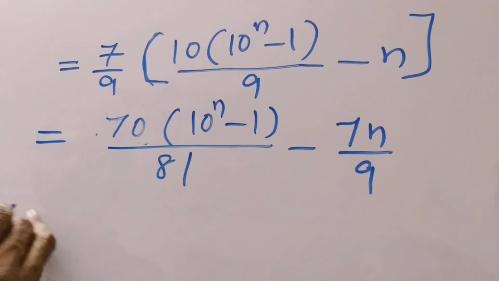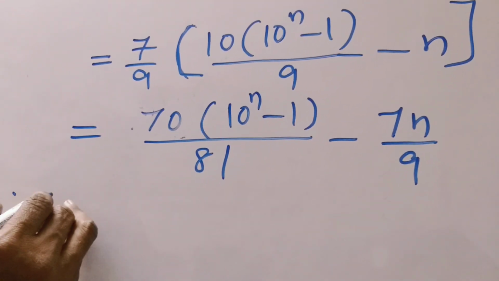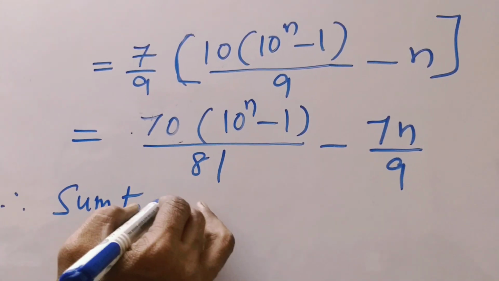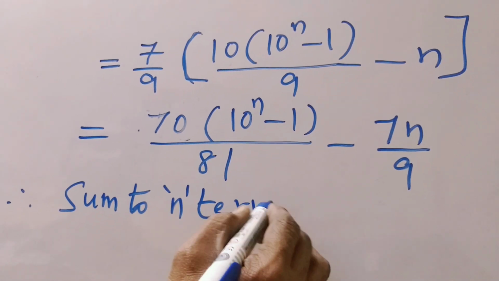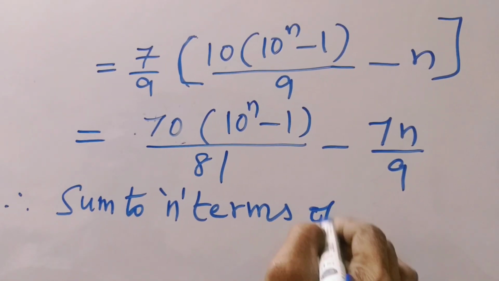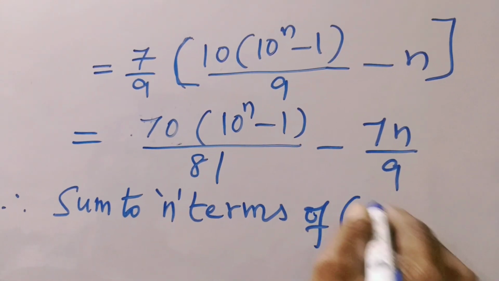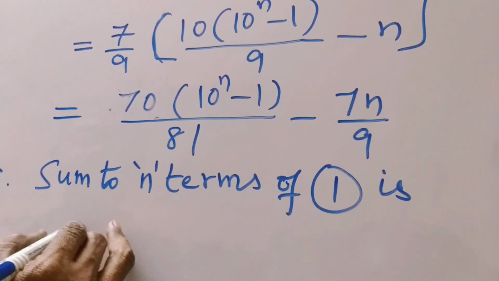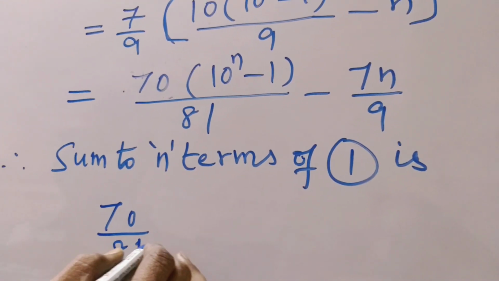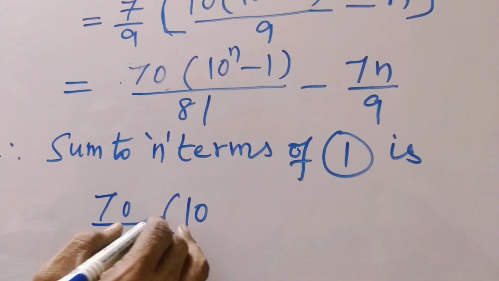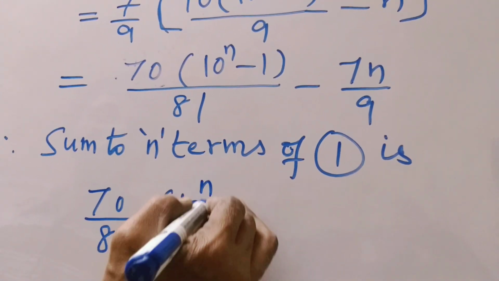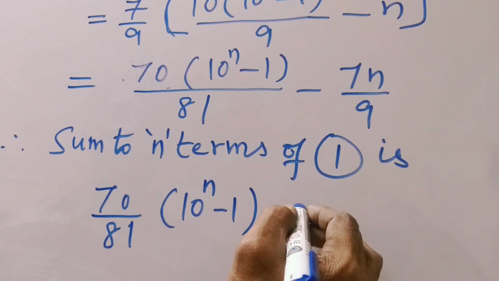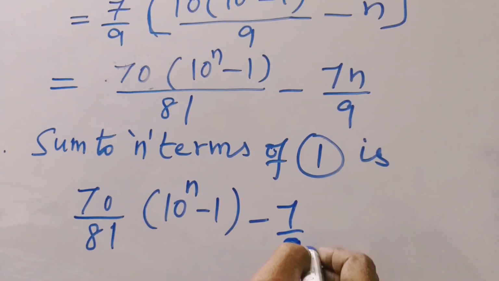Therefore, the sum to n terms is 70 by 81 of 10 to the power of n minus 1, minus 7 by 9 into n.